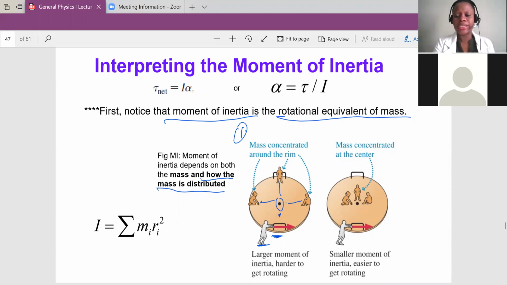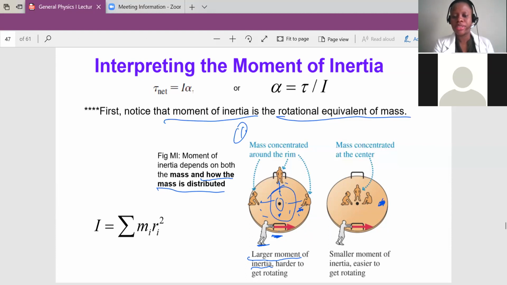So you see that in this case, it has a larger moment of inertia, regardless of the fact that the masses here are the same as the ones there. So moment of inertia does not just depend on the mass, but also on the distribution of the mass about that rigid body.